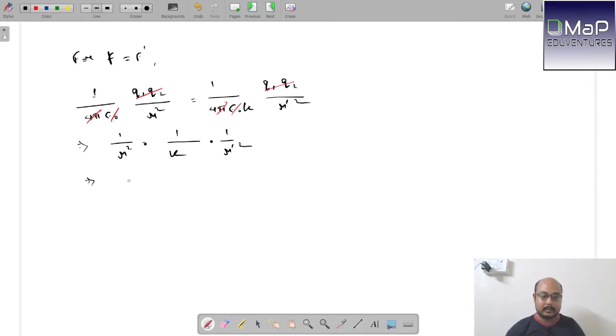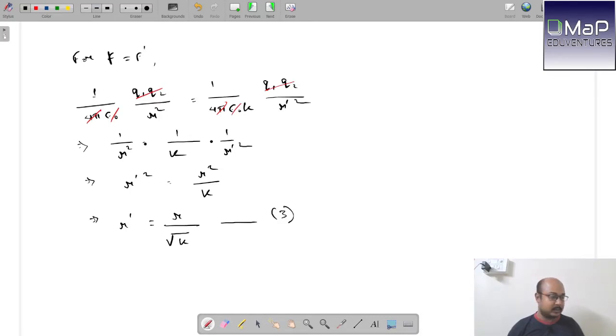Okay, so r dash square is equal to r square by K, or r dash is equal to r by square root of K. This is our final answer. The distance at which the two charges will experience the same force when they are kept in a medium of dielectric constant K is r dash, which is equal to r divided by square root of K.